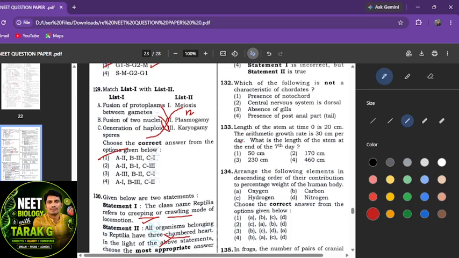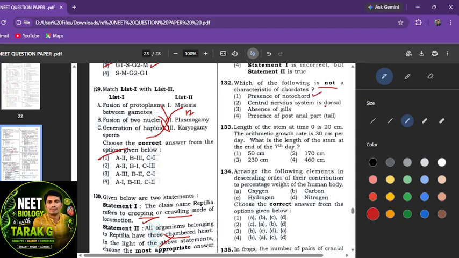Which of the following is not a characteristic of chordates? Here I have to focus on the word not. Presence of notochord, is it a character or not? Yes, presence of notochord is a character.